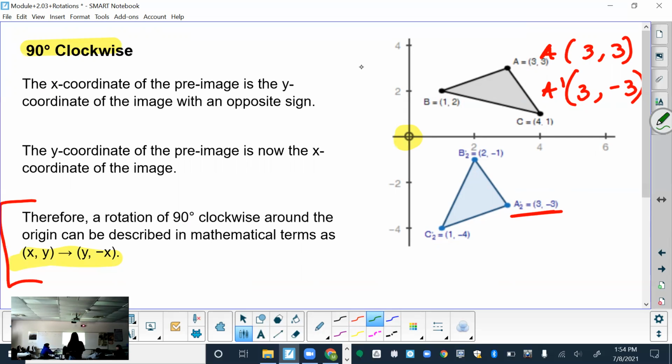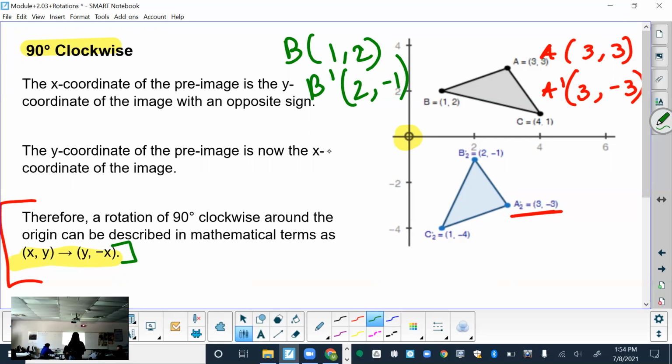So for B, we had 1, 2. Well, if I'm following this rule, what should the first number be in my new coordinate? 2. And my second number should be what? -1.